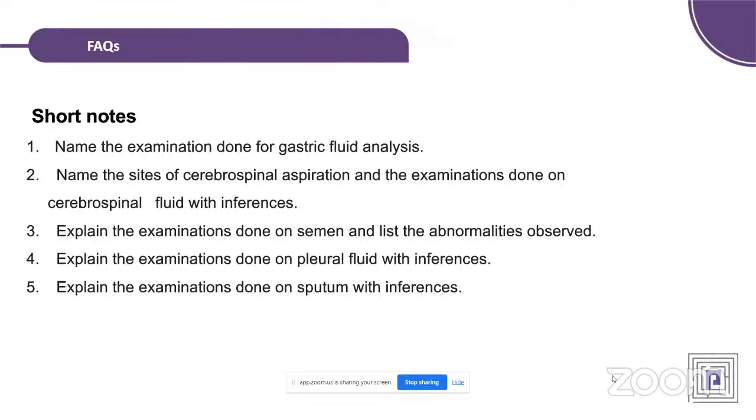That means the sperm should be continuously moving from one end of the microscope field to the other end of the field. That means the sperm is not just moving in one place, and it is mobile throughout. So that is progressive motility, and it should be more than 25% to be called normal.